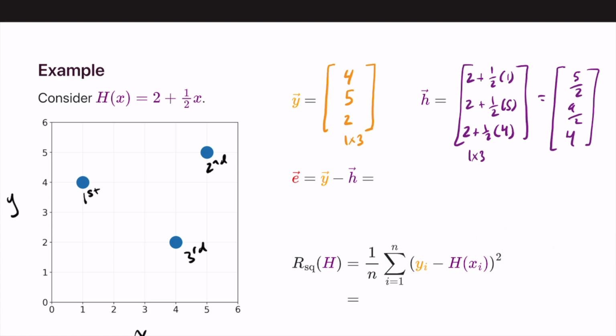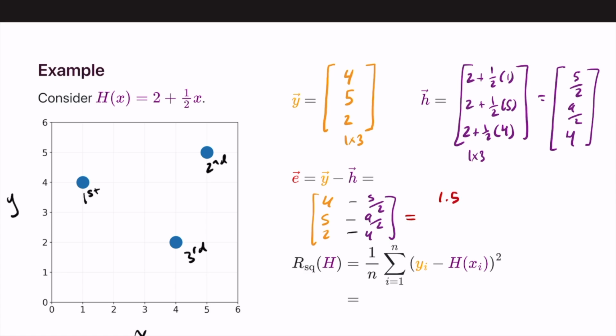Okay, so now I want to calculate our error vector. This is pretty simple. We will have 4, 5, and 2, and we will just subtract 5/2, 9/2, and 4, which will equal, let's see, 4 minus 5/2, that's like saying 4 minus 2.5, which will give us 1.5.